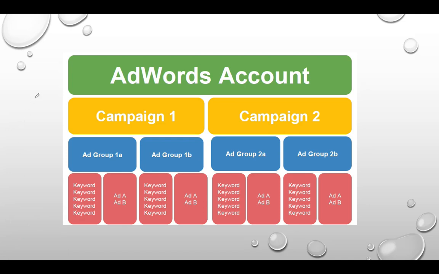Now that we know how to create a campaign and ad groups, and we've also added keywords, ad copies are a part of ad groups. Can you see this diagram? An ad group consists of keywords and ad copies. This is how the ecosystem works.